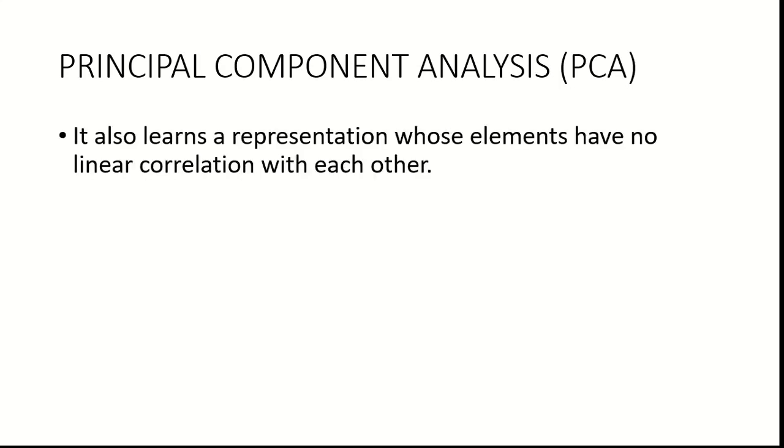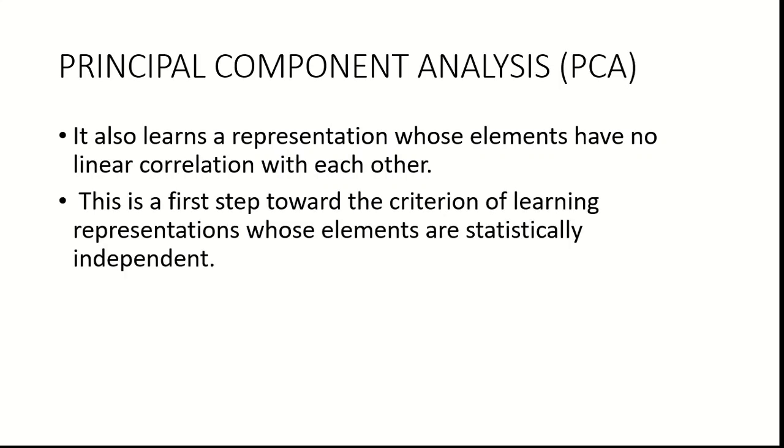Then PCA also learns a representation whose elements have no linear correlation with each other. The relation between the features may not be linear, or sometimes it may be linear, but it has to find out the relation between all the features.